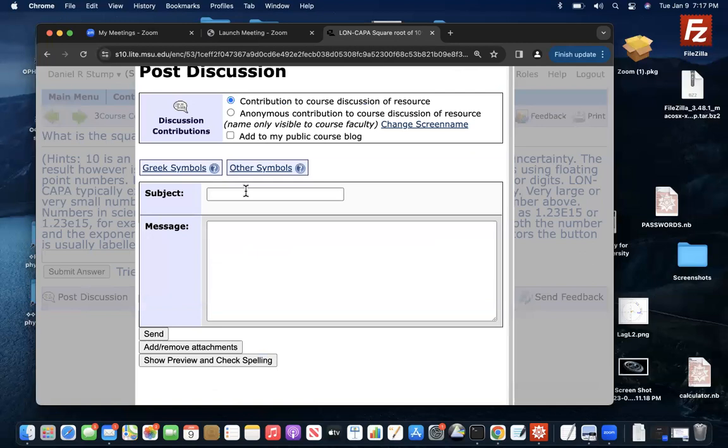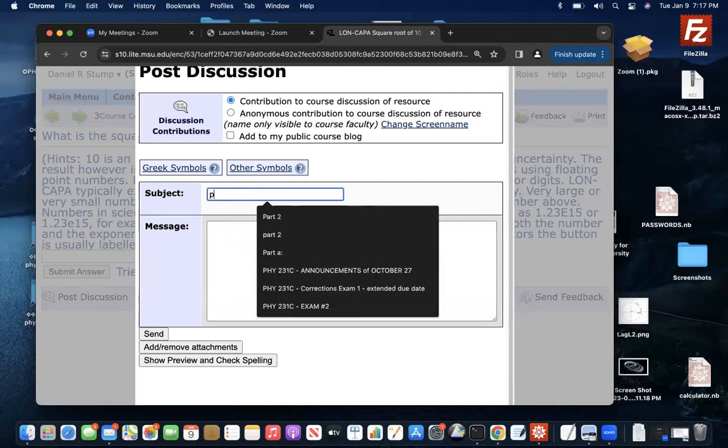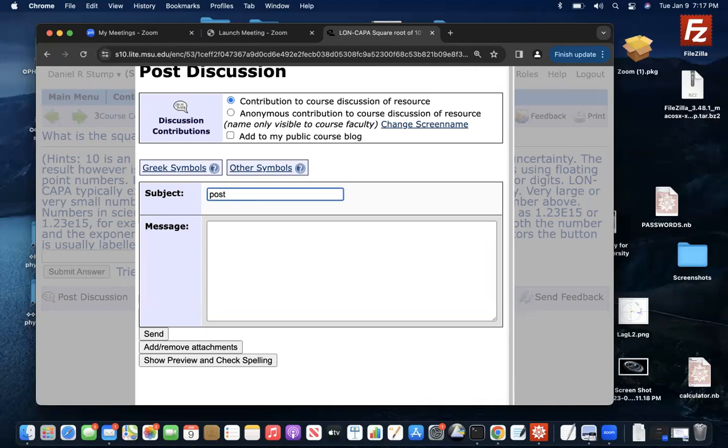And you get a place here where you can post a question about the problem. So if you have questions about the problems, don't send email. Put it on the message board, the discussion board.